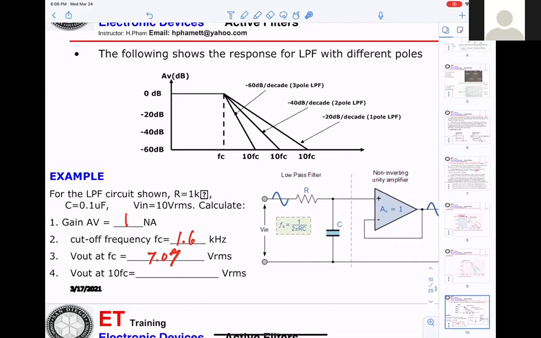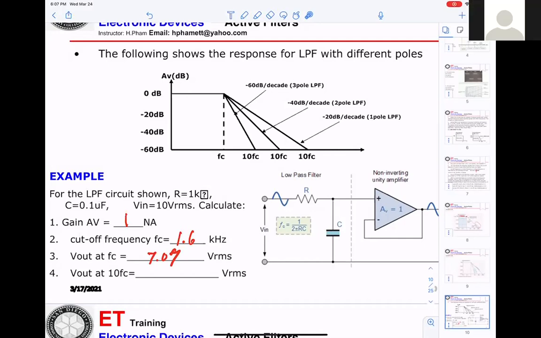Now when they add the components to make it a filter, the cutoff frequency equals 1.6 kilohertz. Now I want the output at a frequency of 1 kilohertz. No, 16 kilohertz?